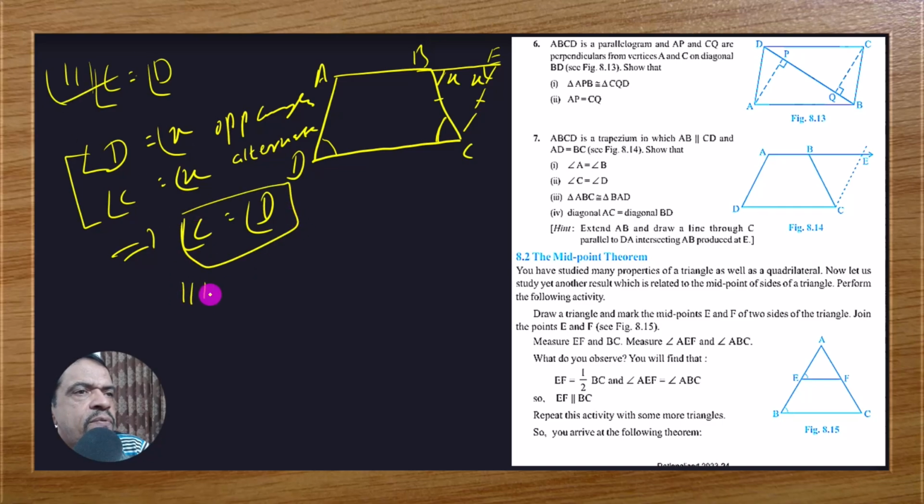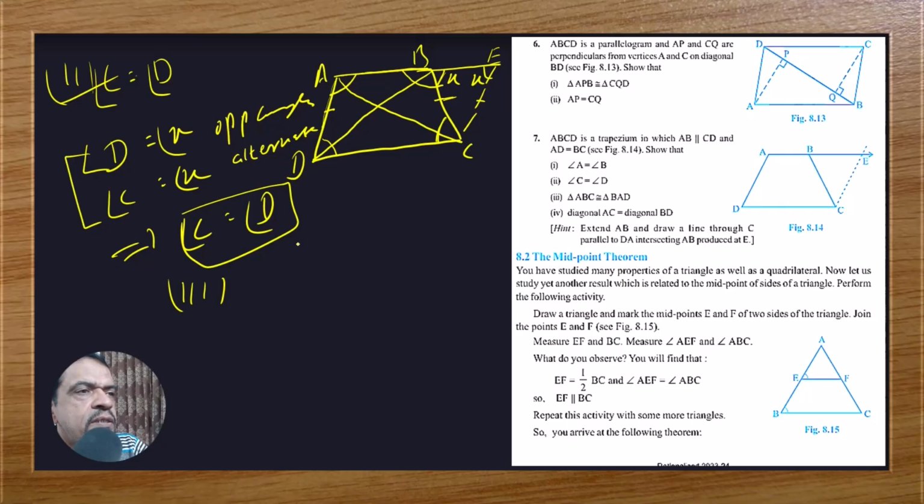Now come to the third part. We have to prove that triangle ABC is congruent to BAD. For this we have to join. ABC, BAD. See, very simple. This AB is the common base between these two triangles, and these sides are already given equal, and A equal to B was just proved in the first part.